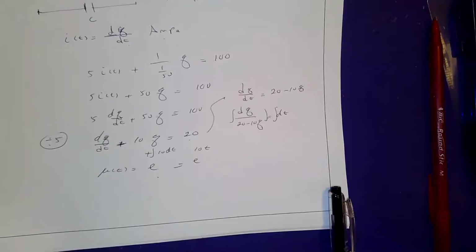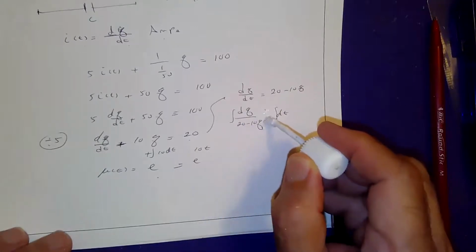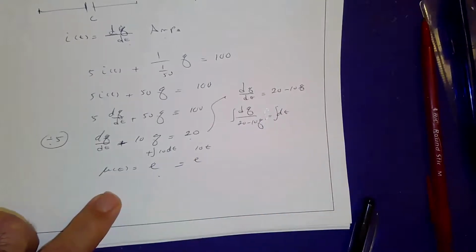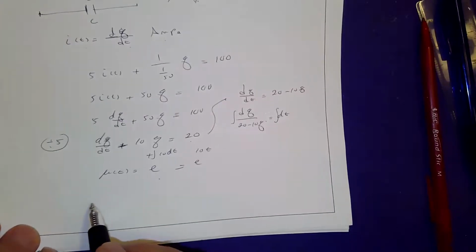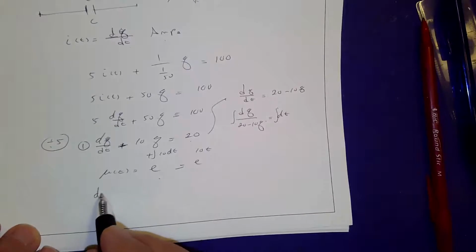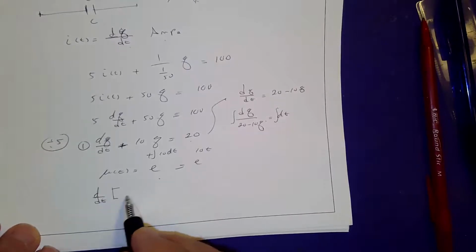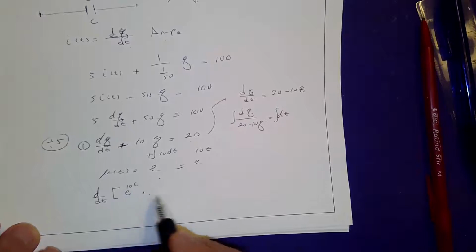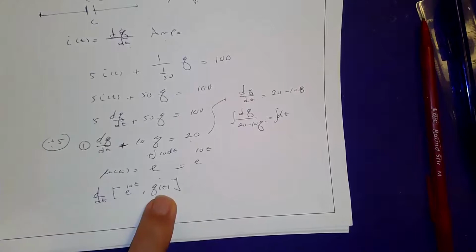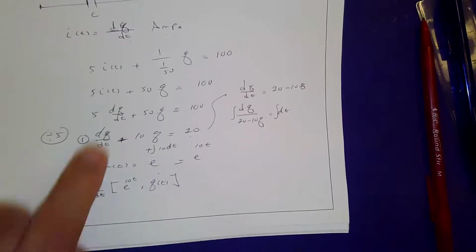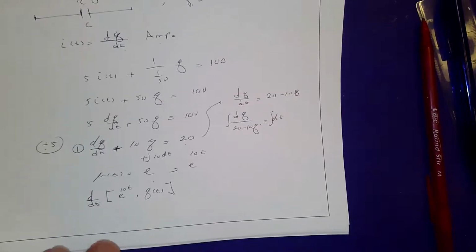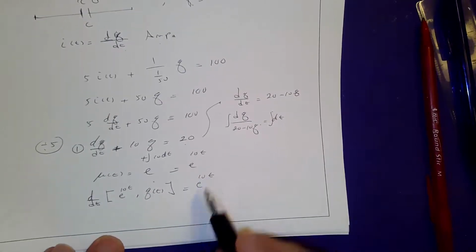But if you decide to stick with the procedure, because this is a linear differential equation, I need the integrating factor. When you multiply both sides of equation number 1 by the integrating factor, the left side is always the derivative of the integrating factor times the unknown function. The unknown function is the electric charge, not the current yet, because remember, it's dQ/dt, which means you're solving for Q. The right side pretty much stays as is.